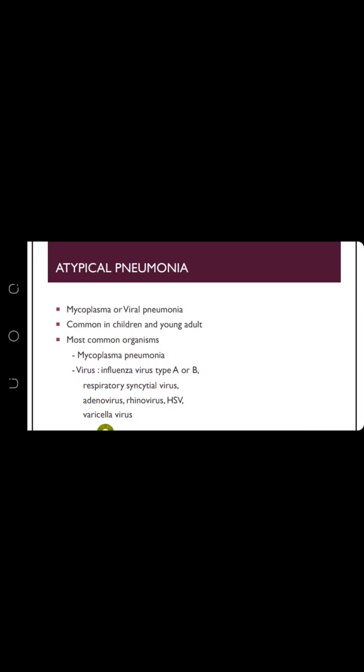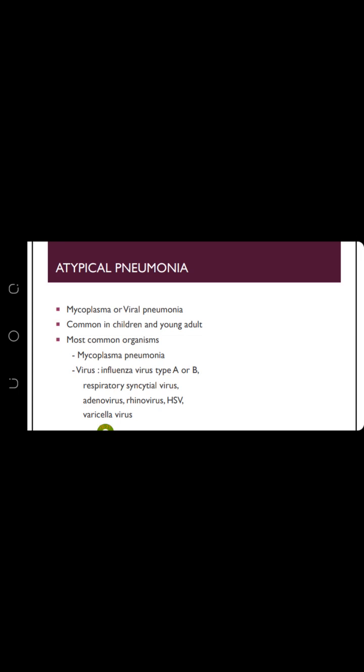Okay. Then atypical pneumonia. What is atypical pneumonia? Atypical pneumonia is the pneumonia that comes as a result of Mycoplasma or viral pneumonia. It comes as a result of a virus. It is also very common in children as well as young adults. The most common organism that causes this is Mycoplasma pneumoniae.